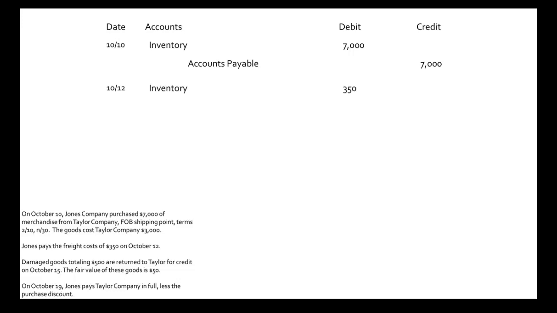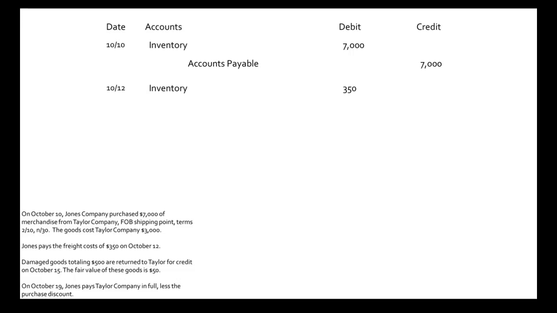So the buyer is going to record this as an increase in inventory. They aren't necessarily getting anything extra, right? They aren't getting $350 more of inventory, but it cost an additional $350 to actually get this inventory. So they add those costs into their inventory account.